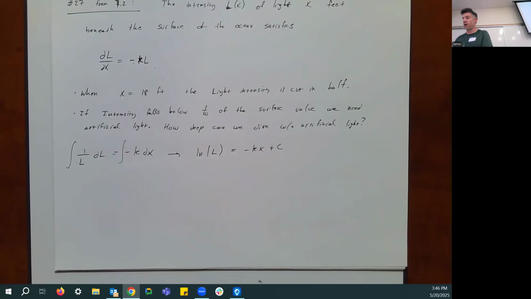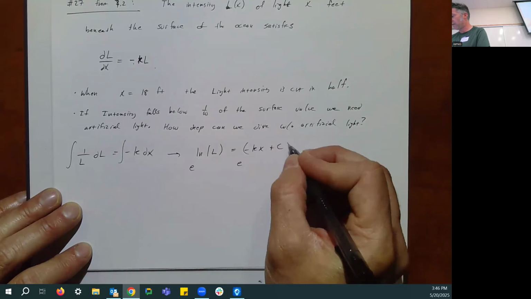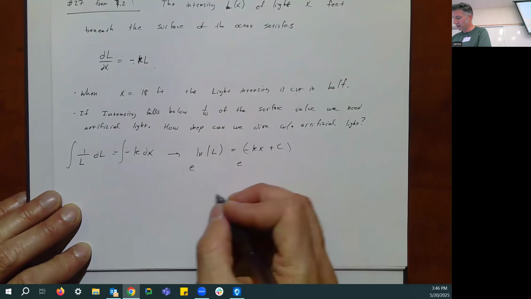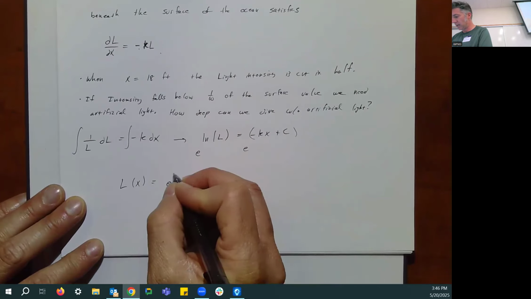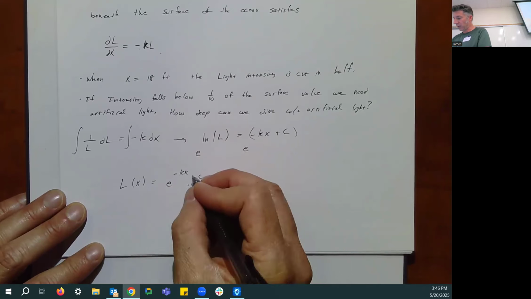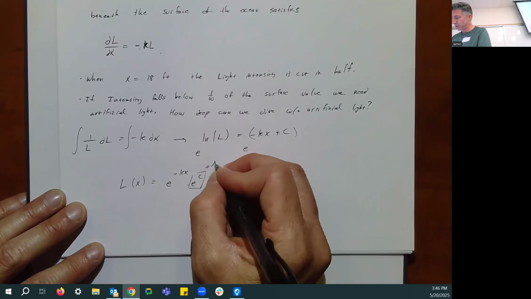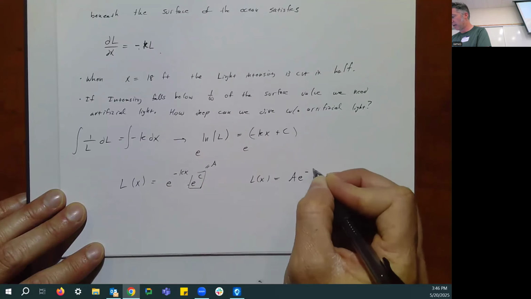Then if we solve for L, e to the natural log of L equals e to all this stuff. So we have L as a function of x equal to e to the negative kx times e to the c. I'm going to call that capital A. So L of x equals A e to the negative kx.